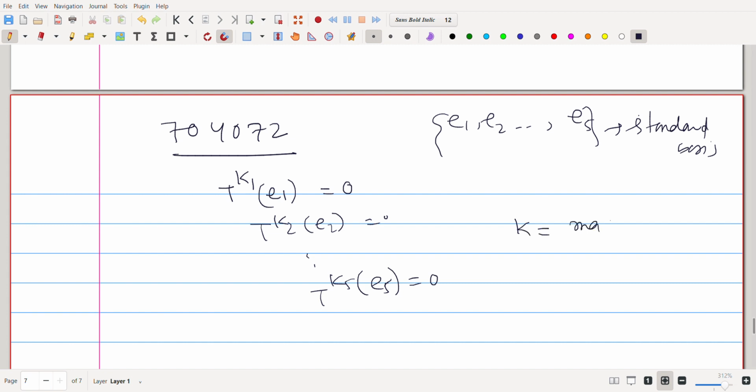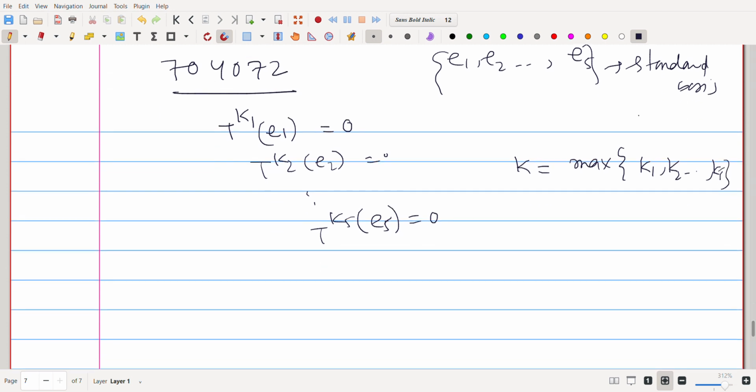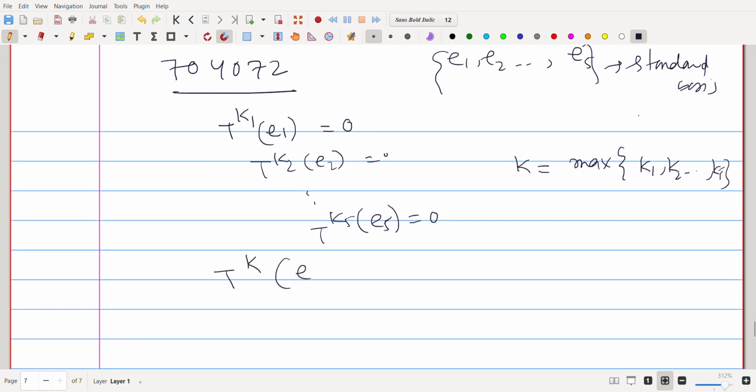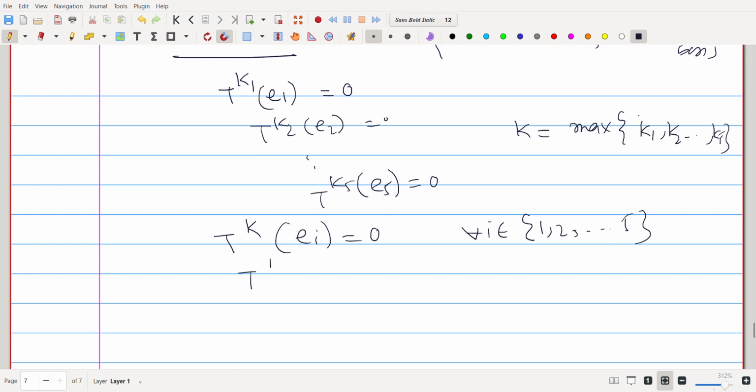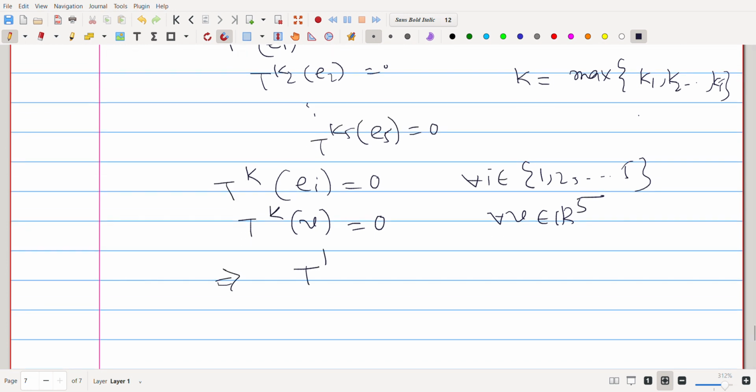Let k be the maximum of k1, k2 to k5. Then T power k of ei is 0 for all i, and since this is a basis, that will imply T power k of v is 0 for all v belonging to R5. So in particular T power k is 0. This will imply T is nilpotent. So T is a nilpotent linear map, so that will imply T power 5 is 0.